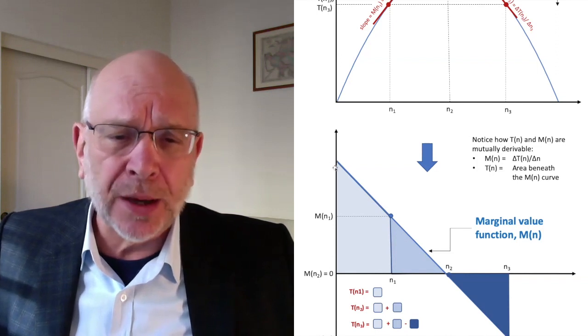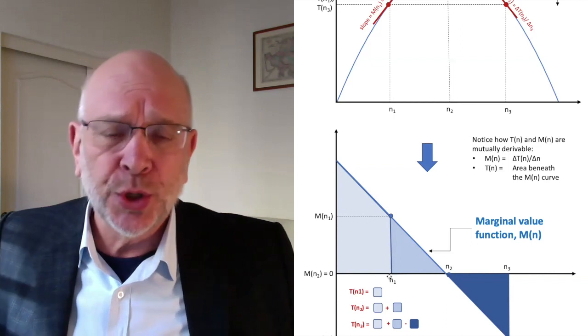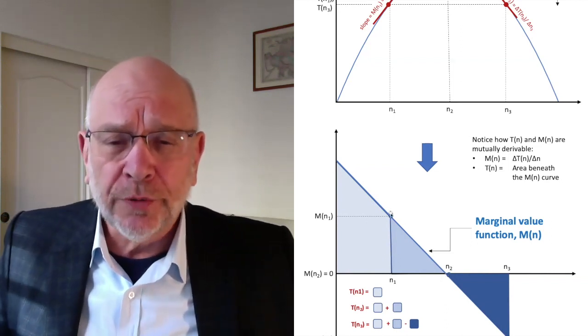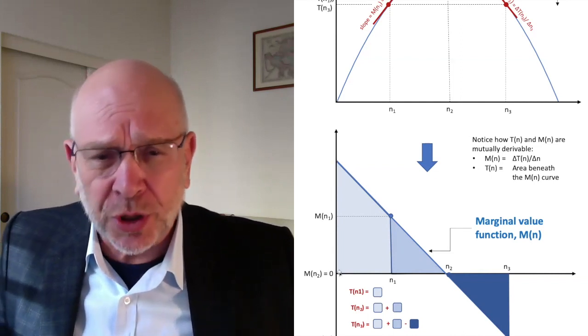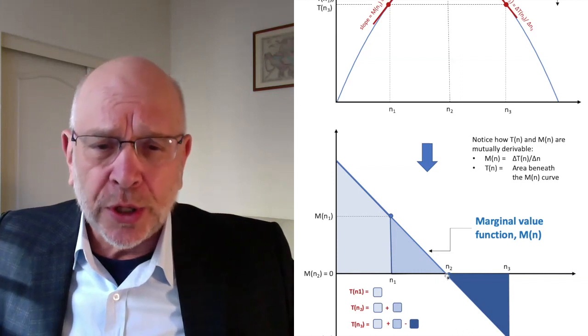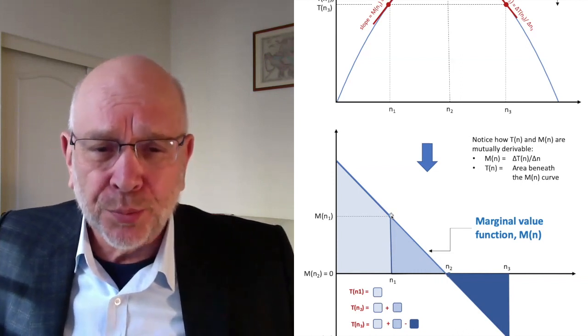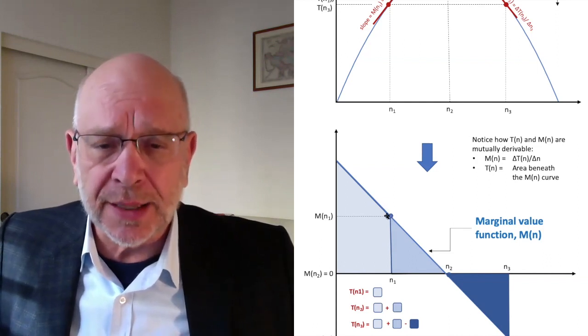of this polygon. And as we move to n2, if we want to recover the total value at n2 just by looking at the marginal value function, it's going to be the area inscribed by this triangle in this case.